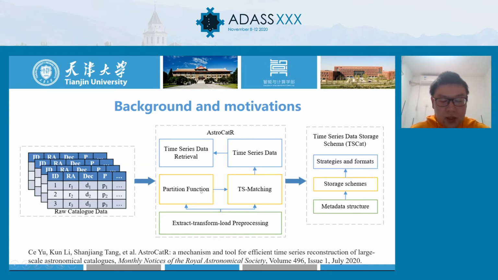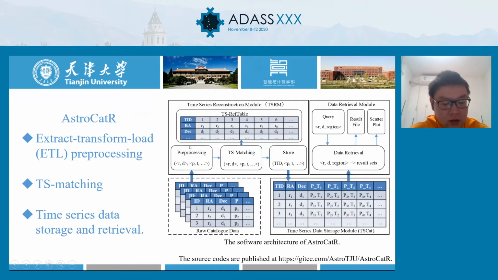The intermediate time series data reconstruction tool has been designed and implemented, called AstroCatR. Now I will give a brief introduction of it. As the figure shows, AstroCatR consists of ETL processing, TS matching, and time series data storage and retrieval.